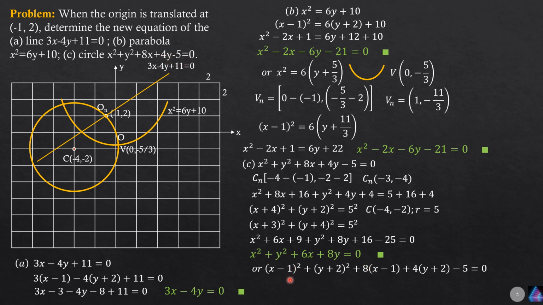So simplifying, that's x² - 2x + 1 + y² + 4y + 4 + 8x - 8, then plus 4y + 8 - 5 = 0. So we obtain x² + y². Then -2x + 8x is 6x. 4y + 4y is 8y. Then 1 + 4, 5 minus 5, 0. Then we have -8 + 8 equals 0. So in fact, the answer is still the same.